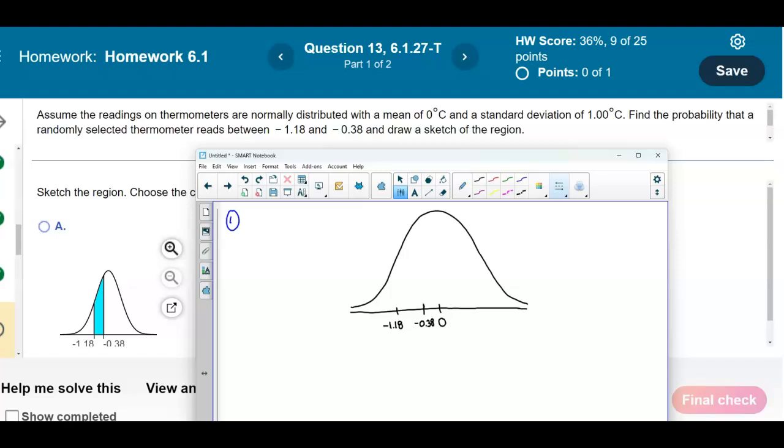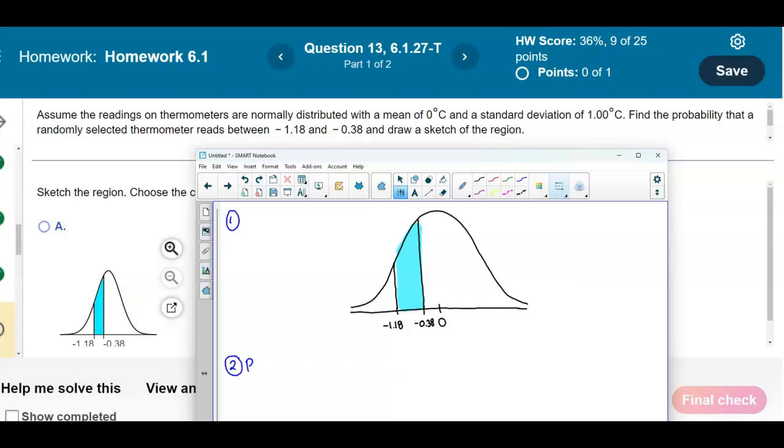Okay, so now we're just going to extend our line up here so that we know what we're looking for, which is the area in between there. So let's shade that in, because this is the area that we're looking for. Now again, the area is the same thing as finding the probability.